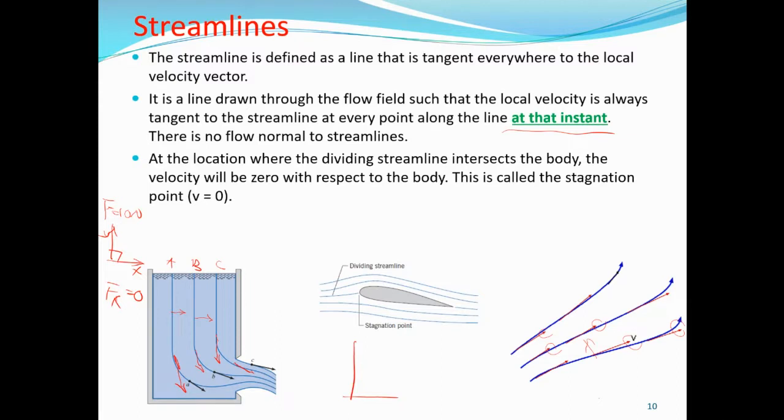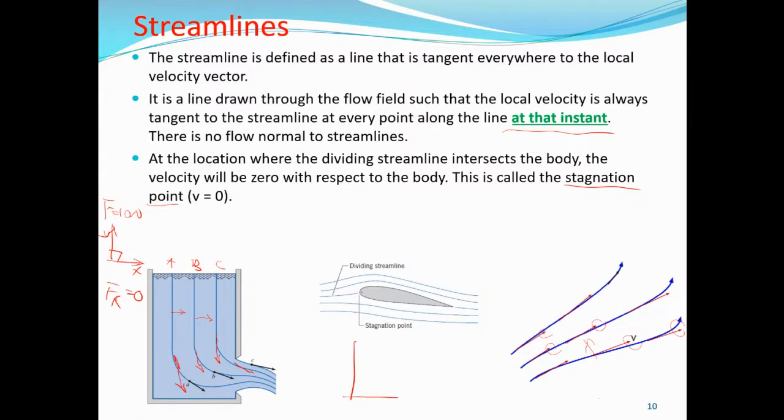So this is the dividing streamline, and it intersects the body at the point where it just touches almost perpendicular to the body. The velocity will be 0 with respect to the body. This is called the stagnation point. We will use this point in the Pitot tube when evaluating the measurement of velocity.